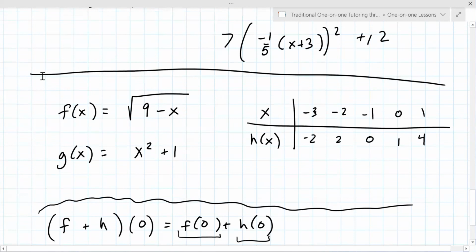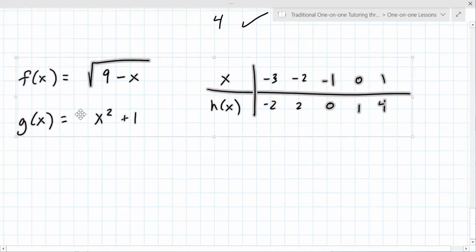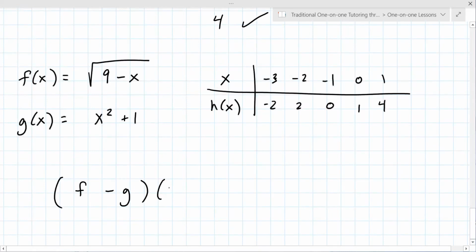Okay, so let me grab these again. I'm going to just copy these down and we'll do another one. This time I want you to find f minus g of 5.